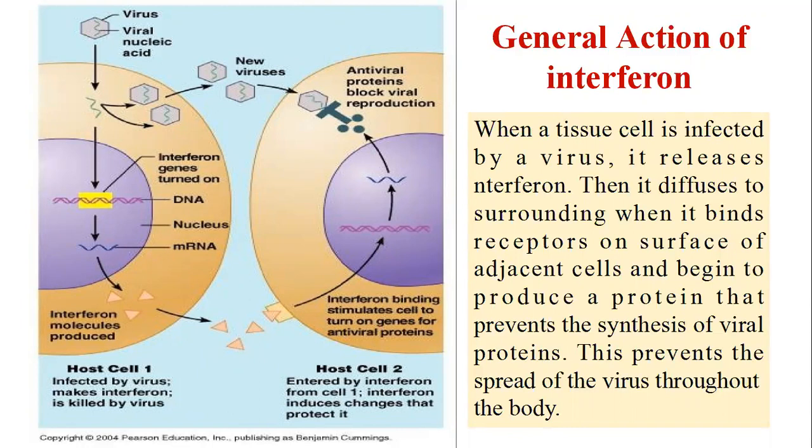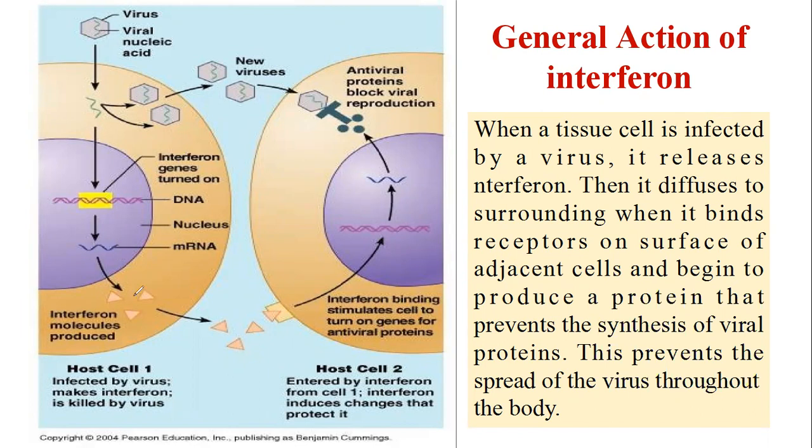Here you can see, first a virus particle has entered these cells. Interferon genes are there in the host DNA, the yellow highlighted portion of the eukaryotic DNA. They will go for transcription and synthesize mRNA.